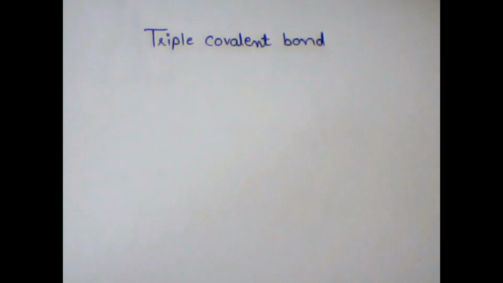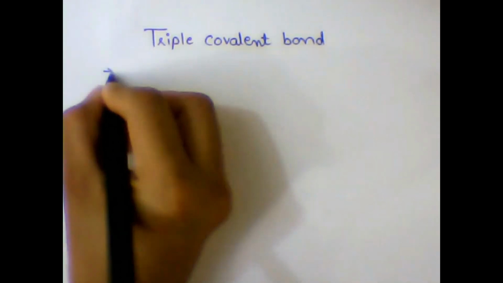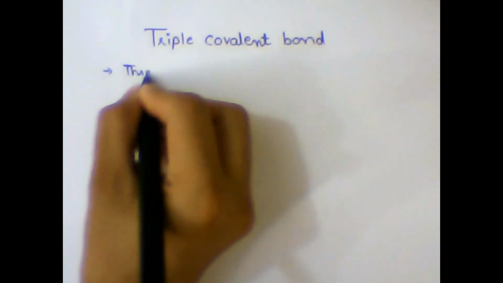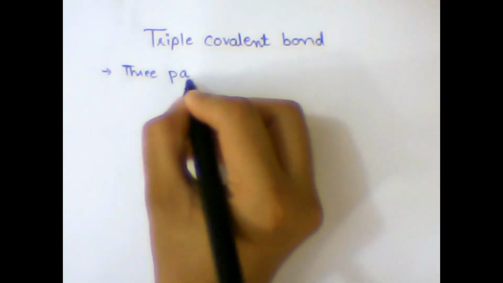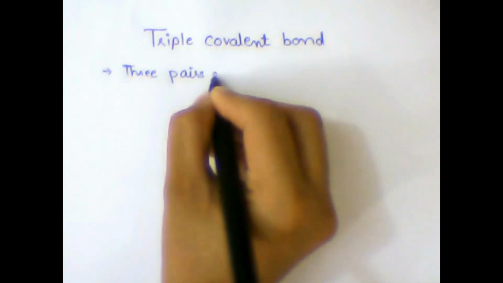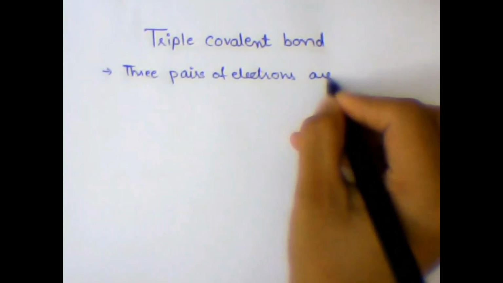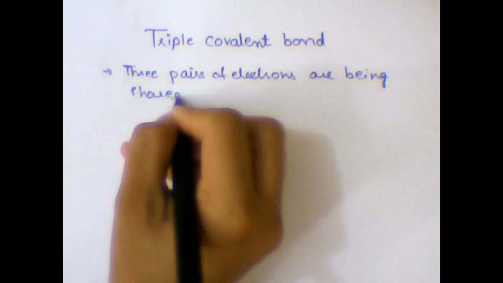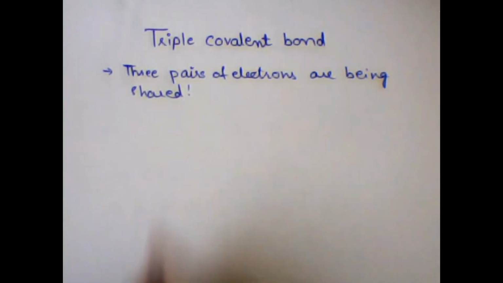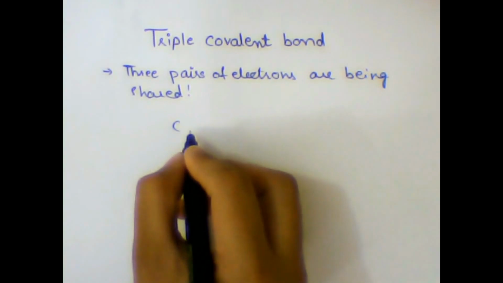Okay, in triple covalent bond, 3 electron pairs are being shared between atoms. Electrons are being shared. For example, ethyne molecule, C2H2.